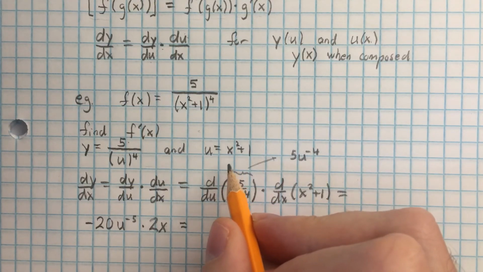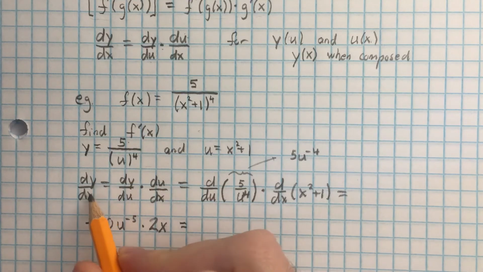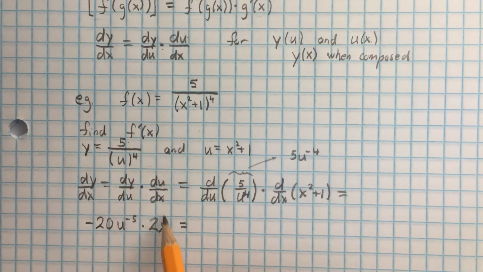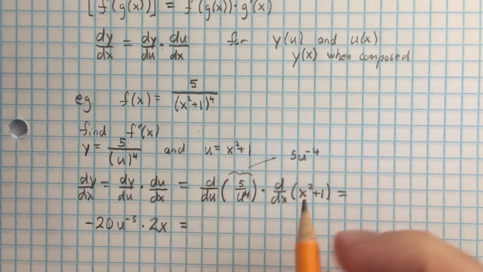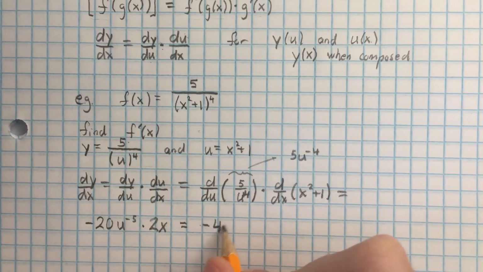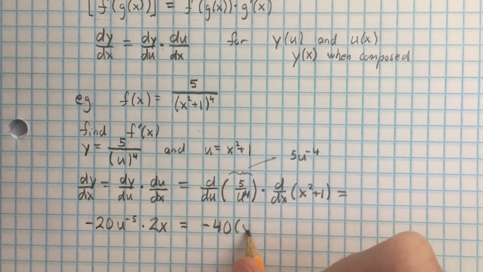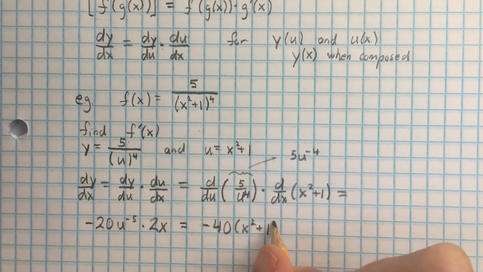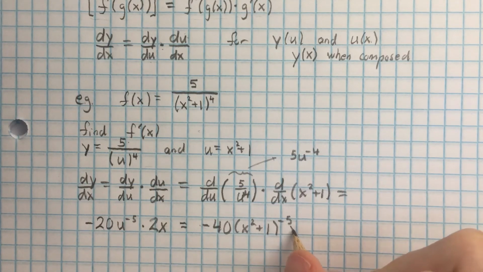So to finish this off, I would really like the derivative of y with respect to x, so therefore the variable here at the end should only be x. So I can replace the u here with x squared plus 1, and I can combine the 20 and the 2, of course, so I'll get negative 40 x squared plus 1 to the negative fifth, and then times x.